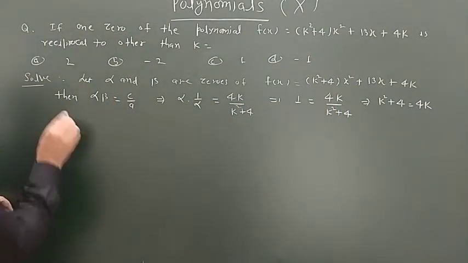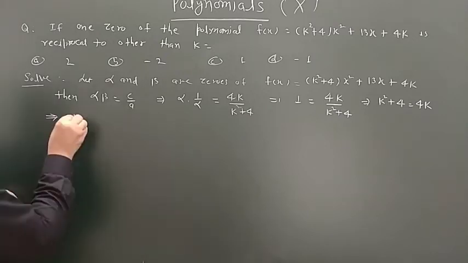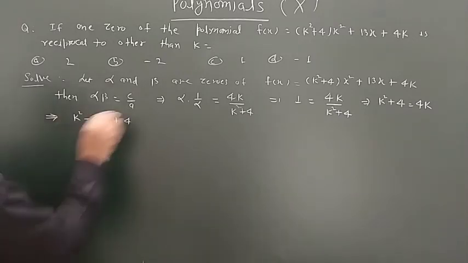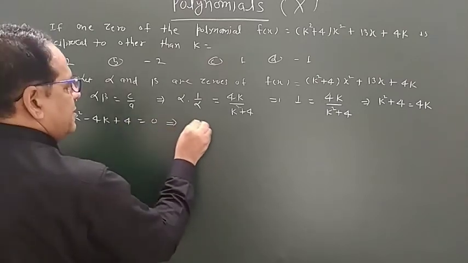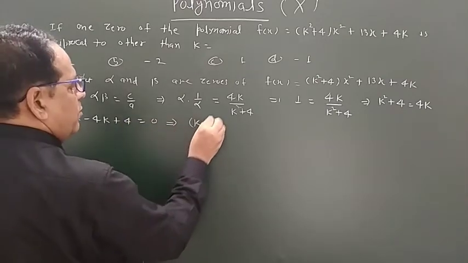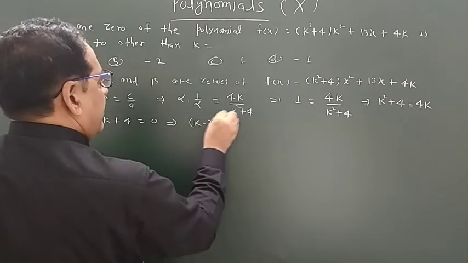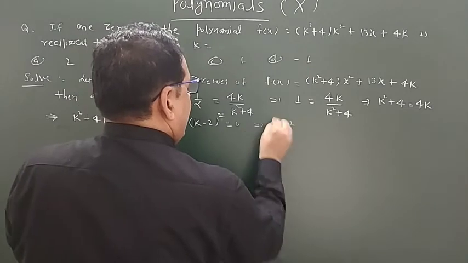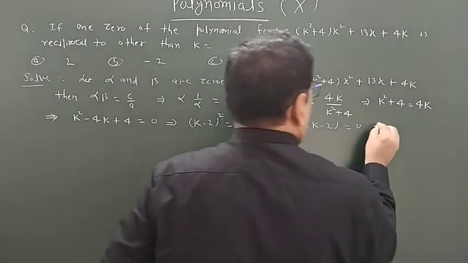This implies that k square minus 4k plus 4 equals 0. This is (k minus 2) whole square equal to 0. This means (k minus 2) into (k minus 2) equals 0.